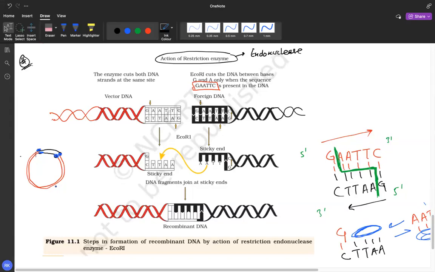First, I will have to see, can I cut out the insulin gene using EcoR1? If the insulin gene has the sequence GAATTC in the middle of the gene, can I use EcoR1? No, I cannot, because it will cut my gene into two parts.